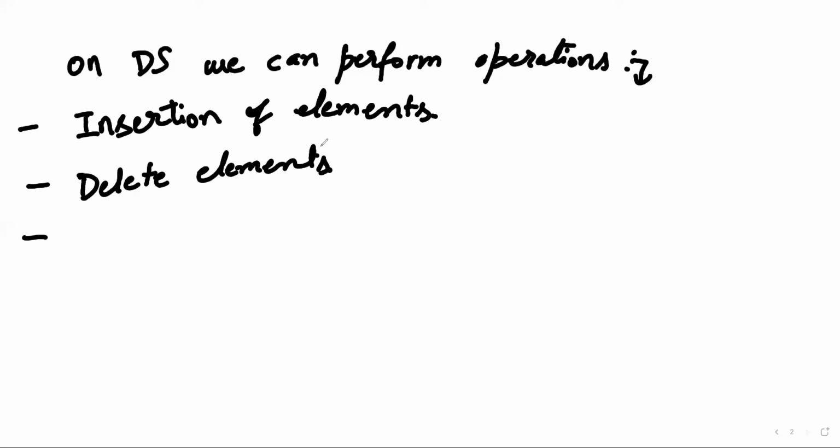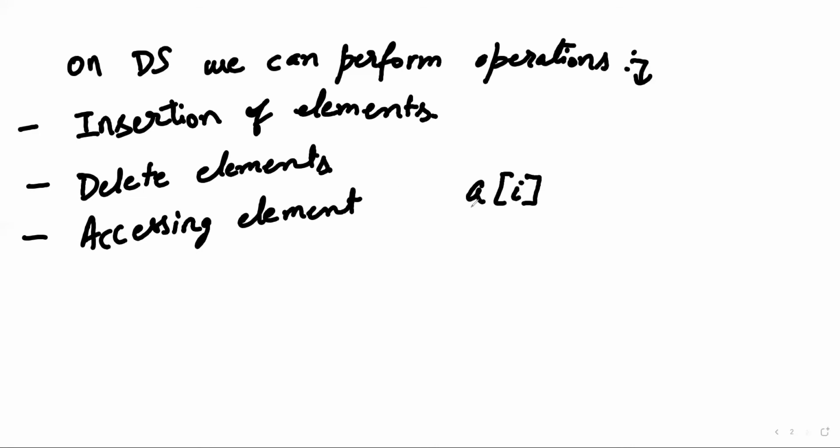We would be looking at those methods in the future. Another would be accessing elements. When we do A of I, this is an accessing operation. We are just accessing the element I from the array A, right?